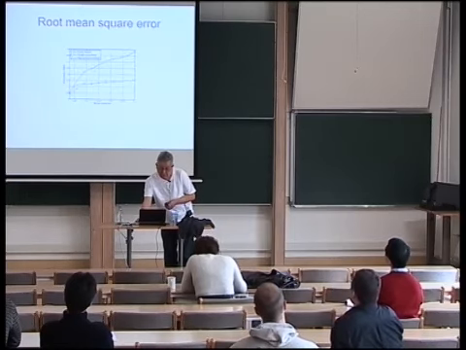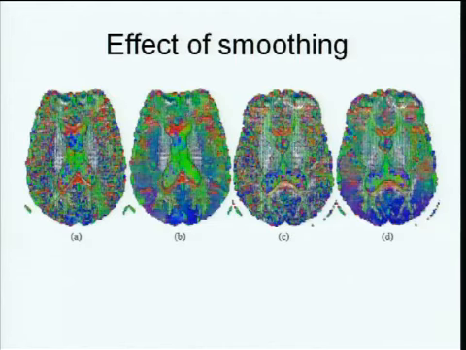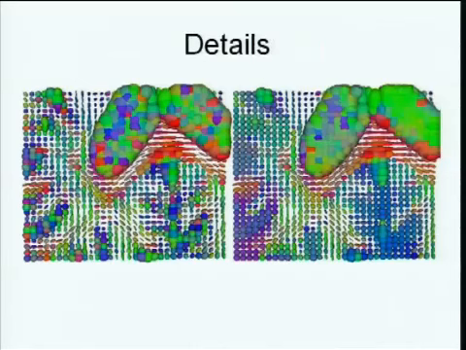Okay, so let's have a look at some examples on real-world data. These are tensor fields from real-world MRI data, and then what I've done is I have taken some sections of these and showed the effects of applying the graph smoothing technique to them.